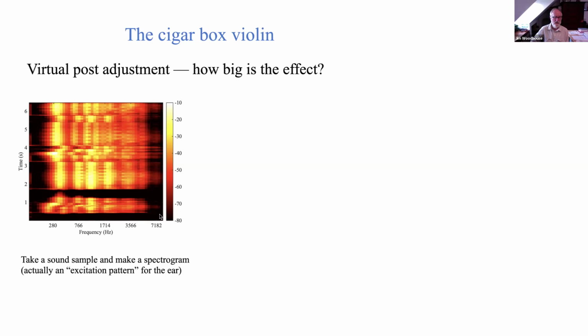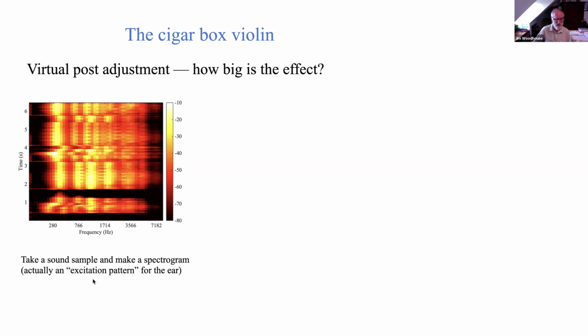We can take each of those and generate what is essentially a spectrogram, frequency along here and time up here. Actually, for experts, this is something a bit more technical than a spectrogram. This is a time-frequency plot, but rather than using FFTs with constant bandwidth, it's using filters that approximately match the filters in your inner ear.